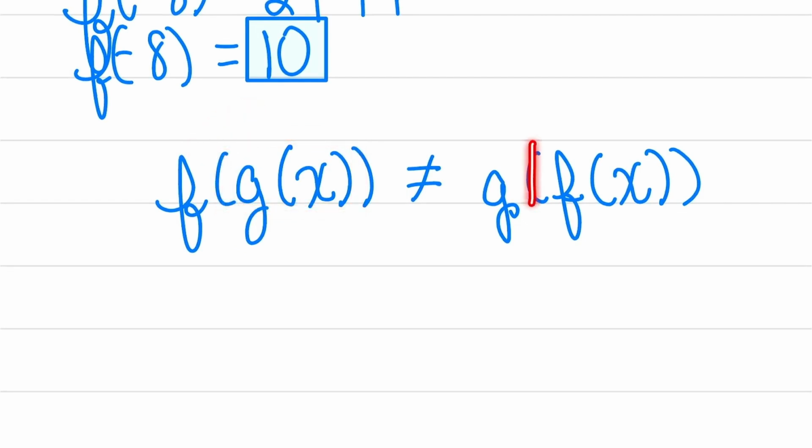On the right side, we would be taking this function, evaluating it, and then plugging that result into g. So I just want to be clear that order does matter here. We work from the inside out. Another way to think about that is whichever function is closest to the x is the one that goes first.